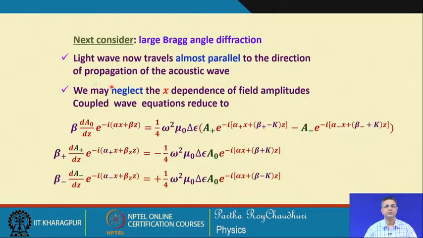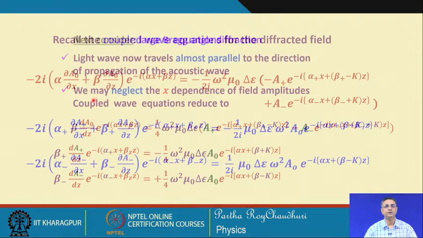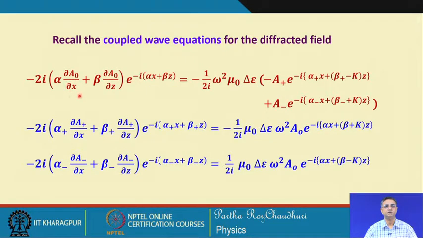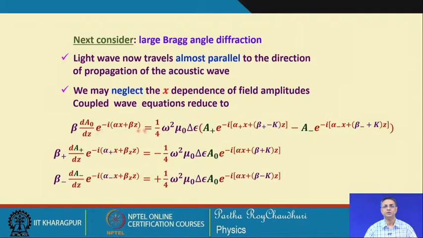Now we have ignored the x dependence, because the wave is travelling almost along the z direction, so we assume that there is no variation along the x direction. Therefore, we can rewrite this equation in this form.